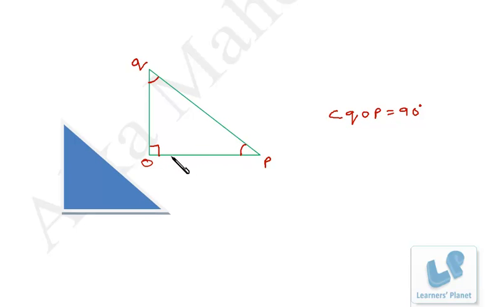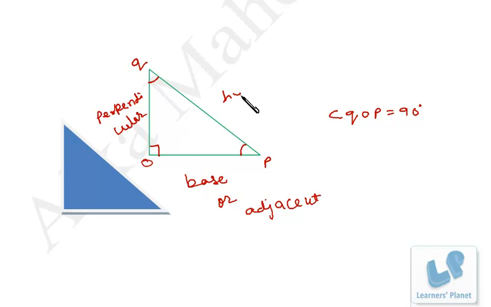So see, this is what in right angle triangle we call it as a perpendicular, right? This is what we call as a base or adjacent, and this we call as hypotenuse, right?